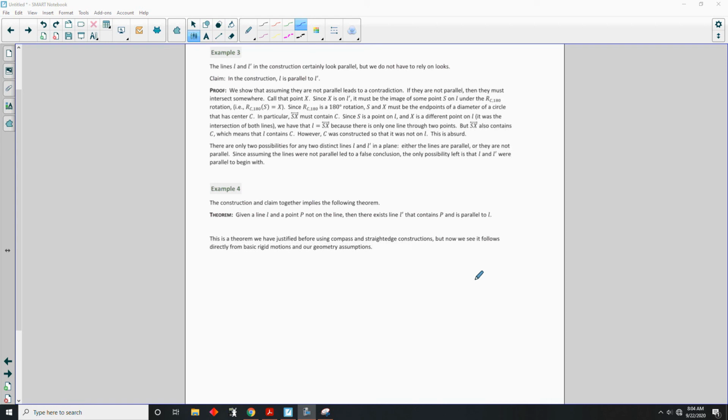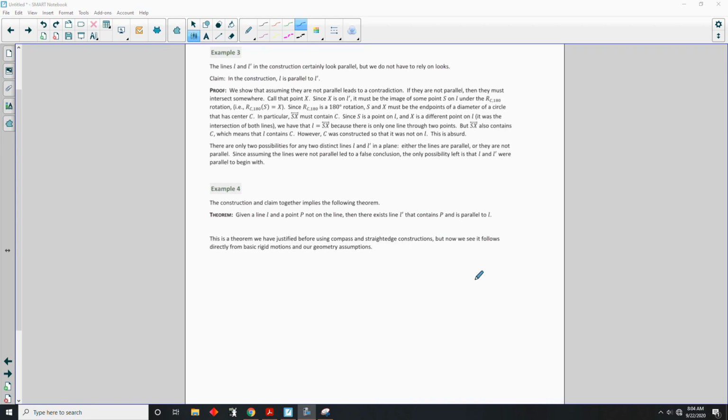But line SX also contains C, which means that L contains C. However, C was constructed so that it was not on L. This is absurd. There are only 2 possibilities for any 2 distinct lines, L and L prime, in a plane. Either the lines are parallel or they are not parallel. Since assuming the lines were not parallel led to a false conclusion, the only possibility left is that L and L prime were parallel to begin with.